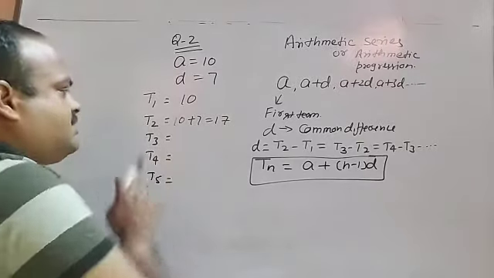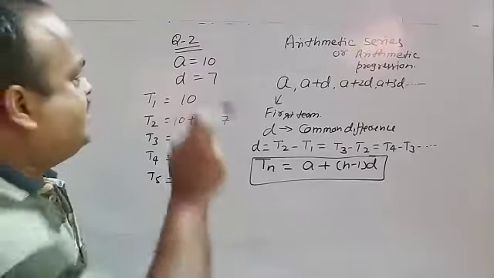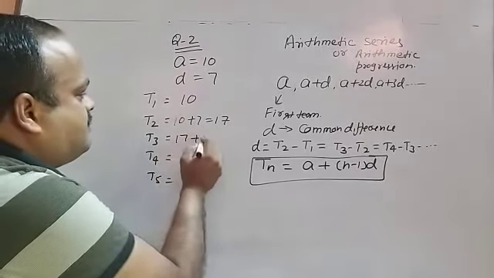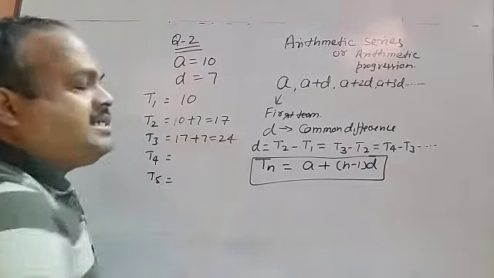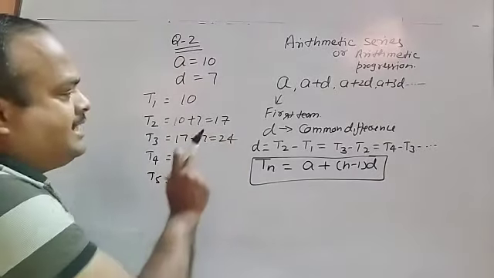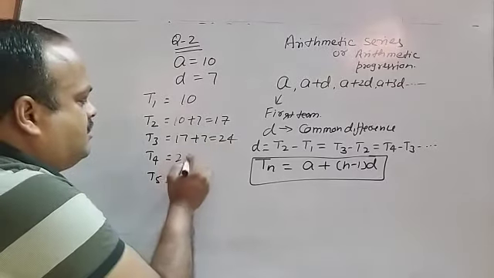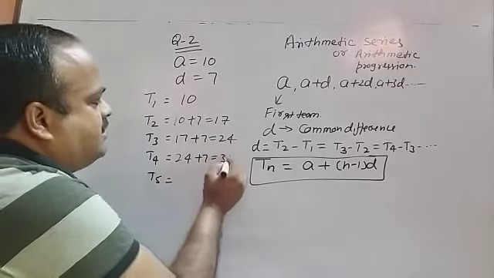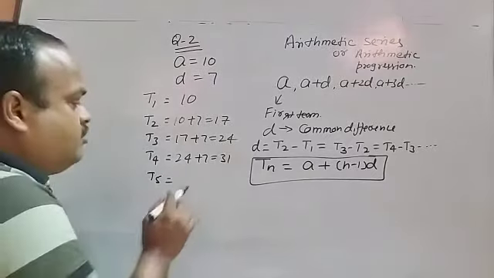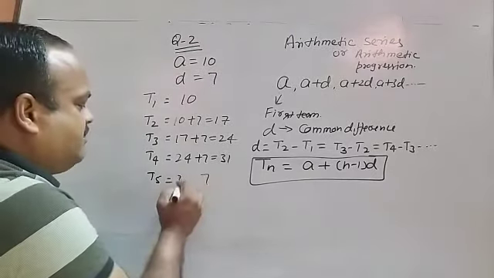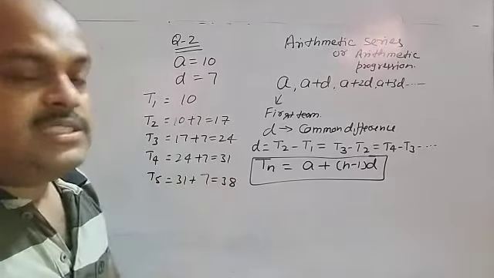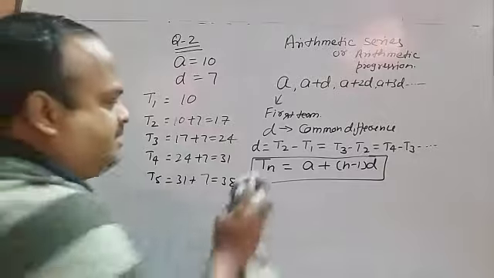To get the third term you can add 7 to this 17, which comes as 24. To get the fourth term, you can add 7 to this 24: 24 plus 7, 31. To get the fifth term, you can add 7 to this 31: 31 plus 7, 38. This is the shortcut used by me.